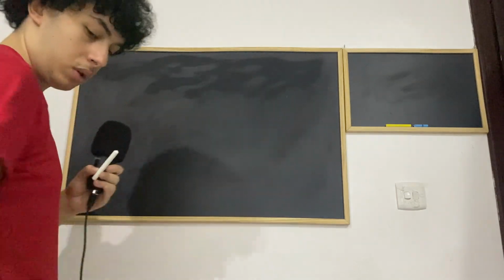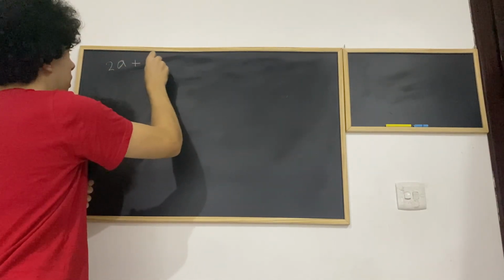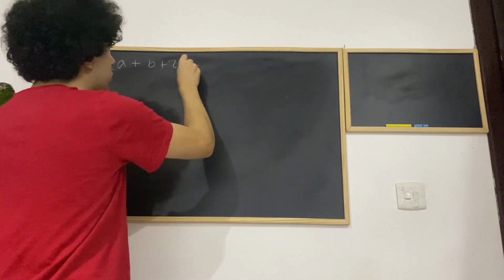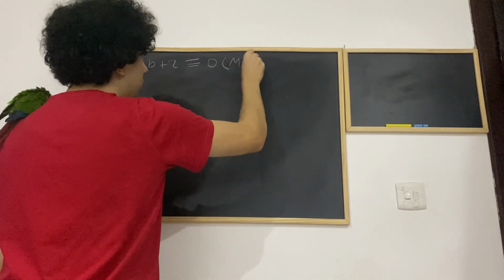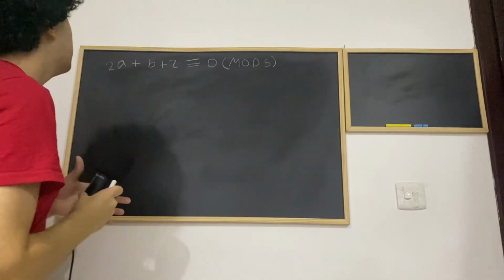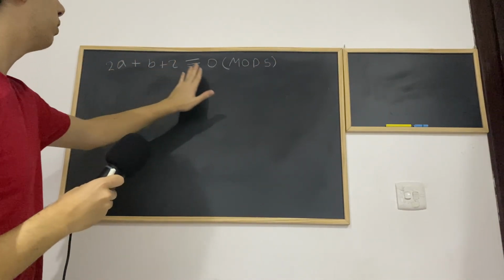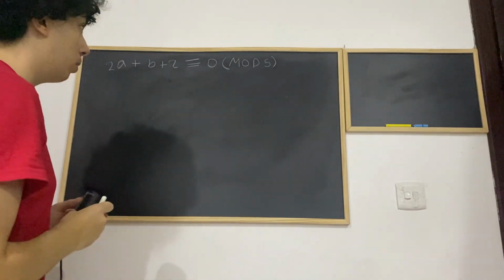Okay. So we have that 2a plus b plus 2 is congruent to 0 mod 5. What this means is that this number divided by 5 will give us a remainder of 0, right?